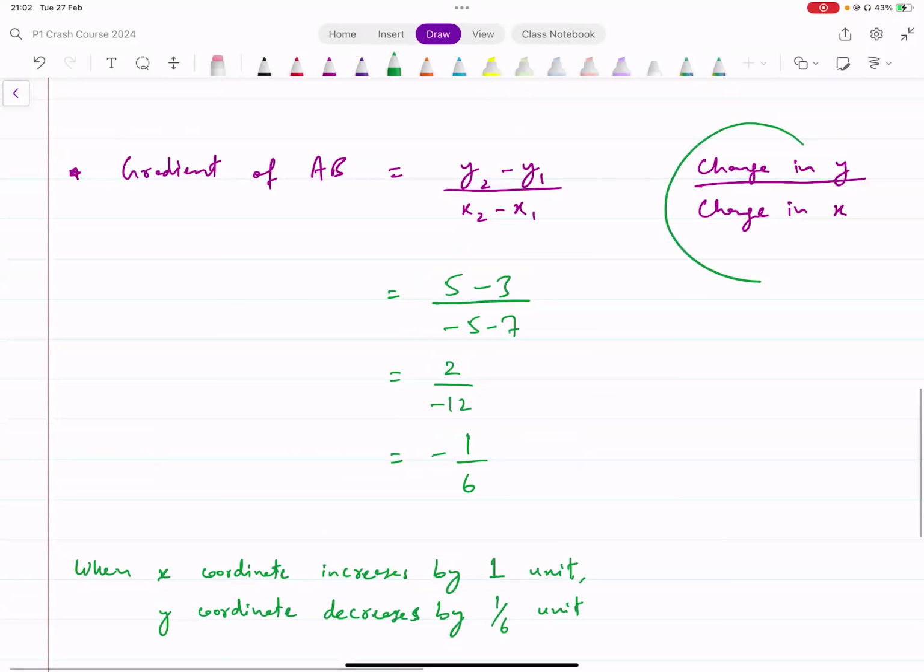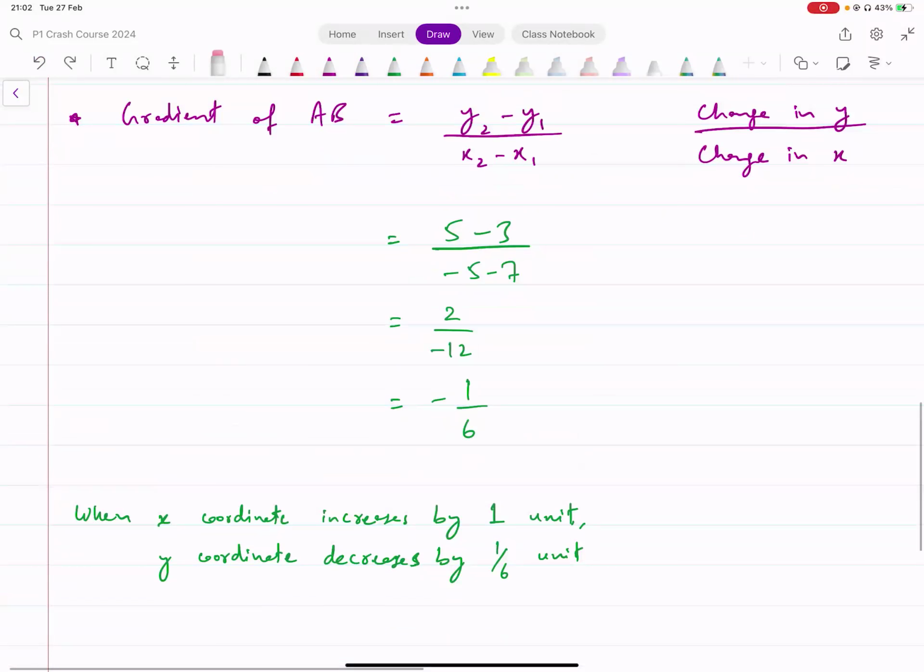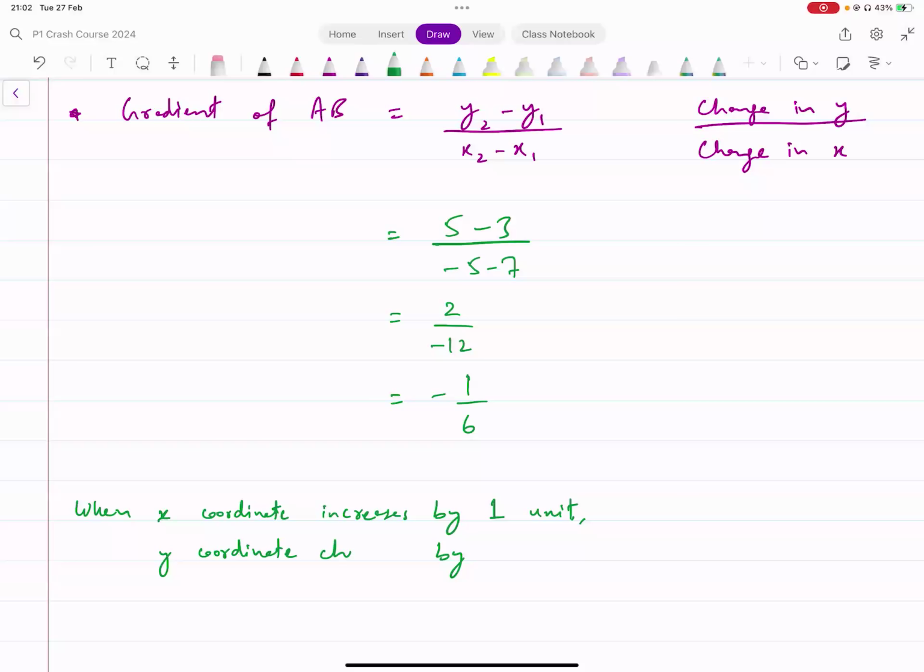Change in y over change in x. So we can generalize it: for 1 unit increase in x, what is the change in y? When the x coordinate increases by 1 unit, the y coordinate changes by minus 1 over 6. That means it decreases by 1 over 6.